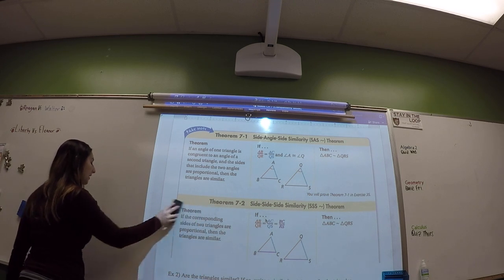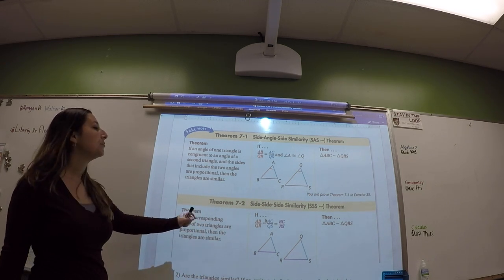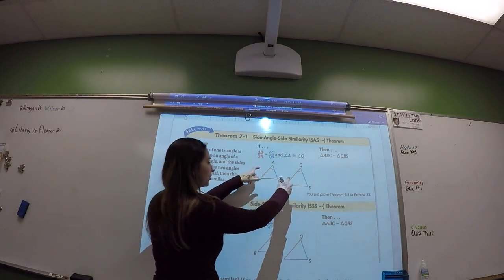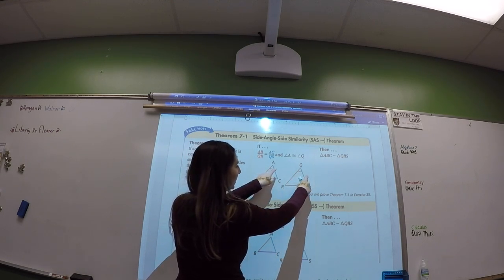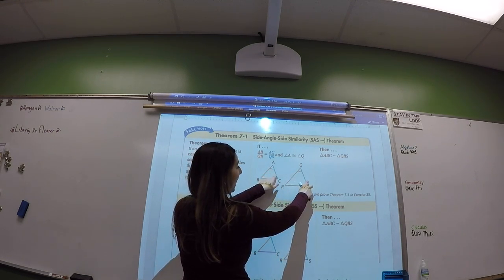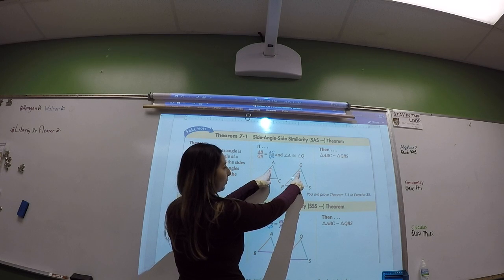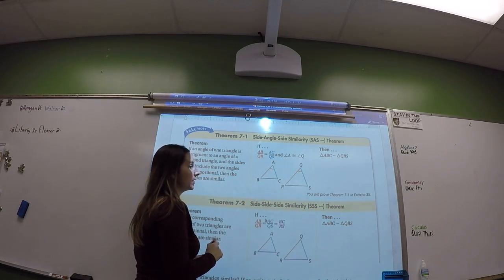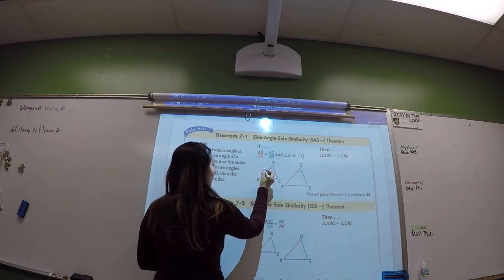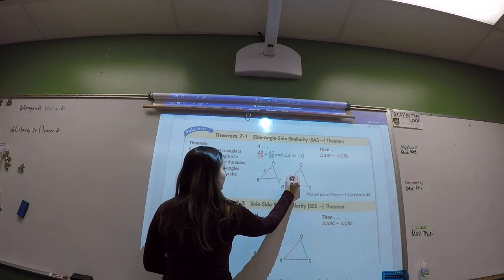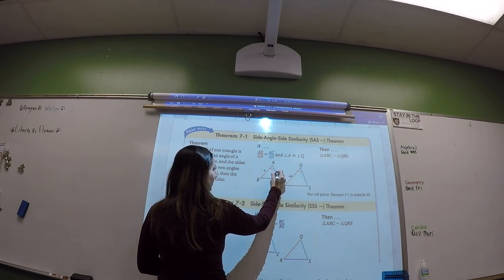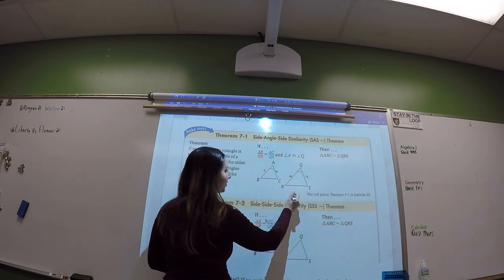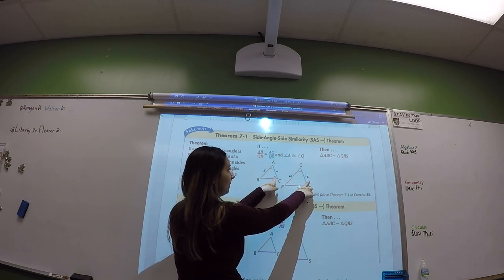The first one says, if you have a pair of corresponding sides that are proportional and the included angle is congruent, then the triangles will be similar. So for example, maybe this side is 5, this one's 10, this is 6, and this is 12. So they're proportional in the same way.